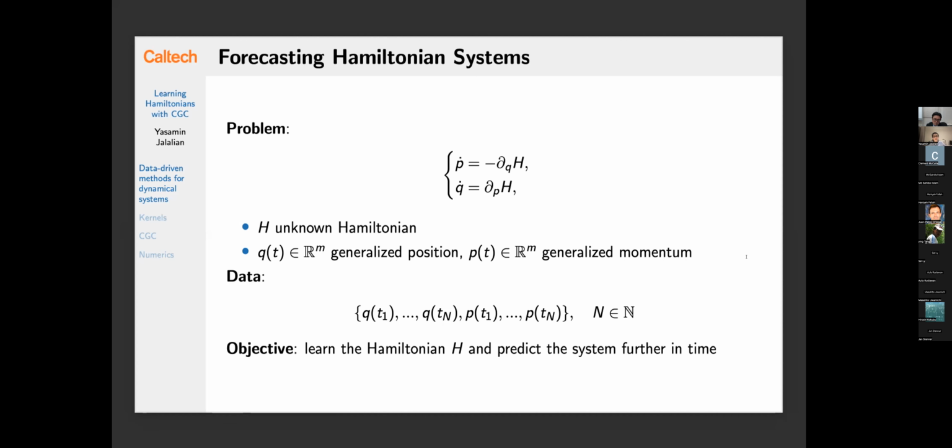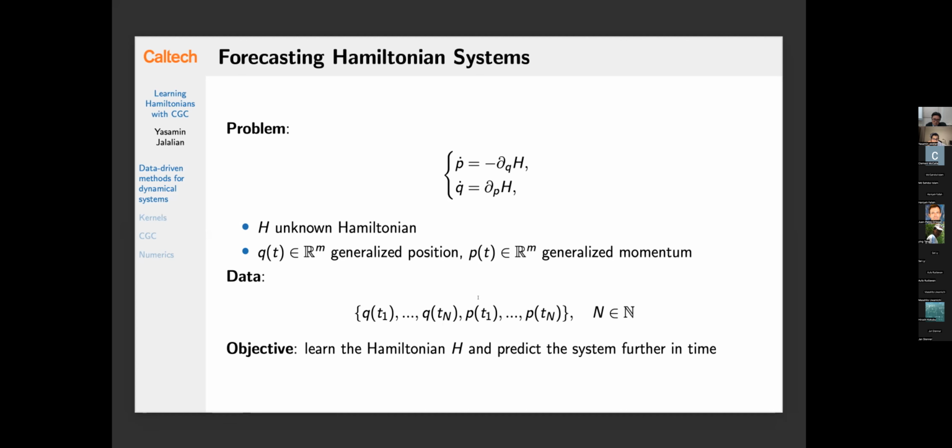We are hoping that by using this particular structure of Hamiltonian systems, we would be able to forecast them for a further period of time than a general dynamical system. I should say that in these equations, q is a function of t, which represents the generalized position, and p is a function of t, which represents the generalized momentum.